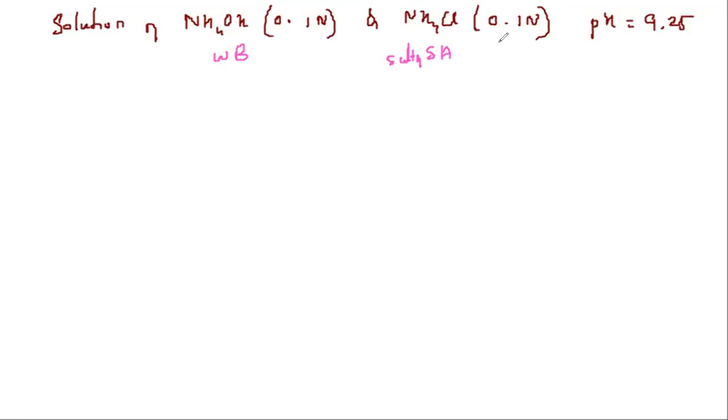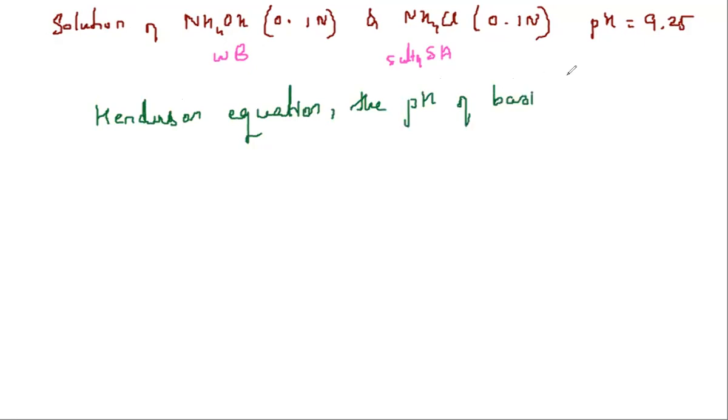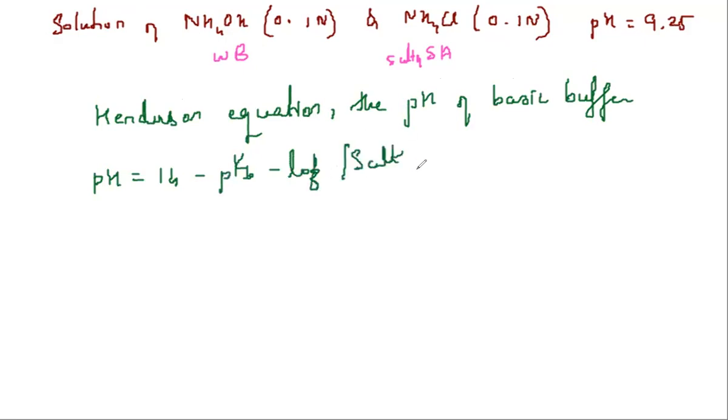So it is a basic buffer, and according to Henderson's equation, the pH of a basic buffer is given by pH is equal to 14 minus pKb minus log of the concentration of salt to the concentration of base.